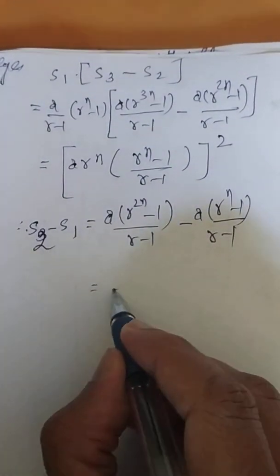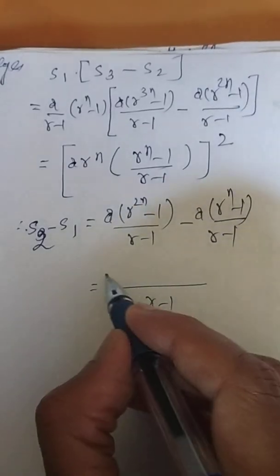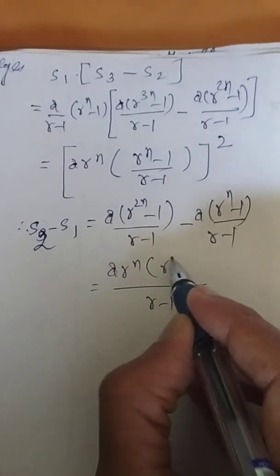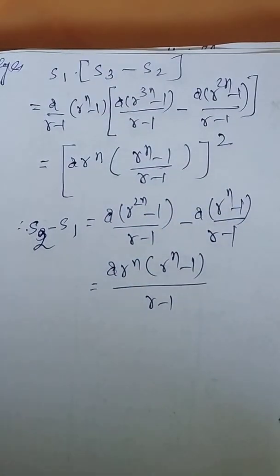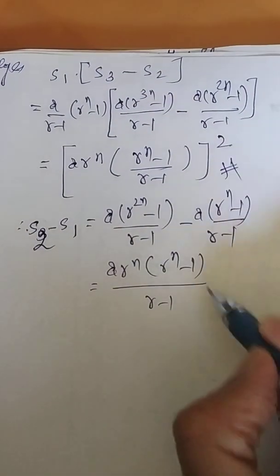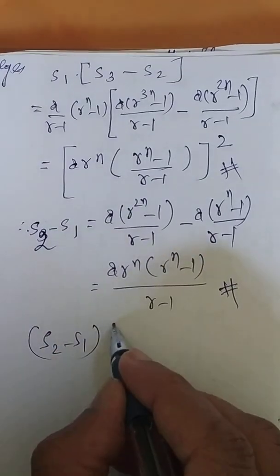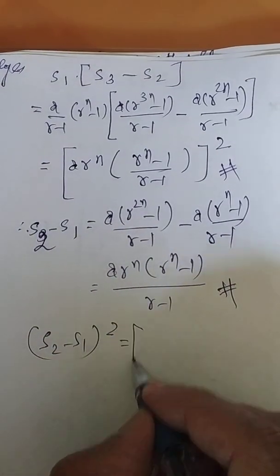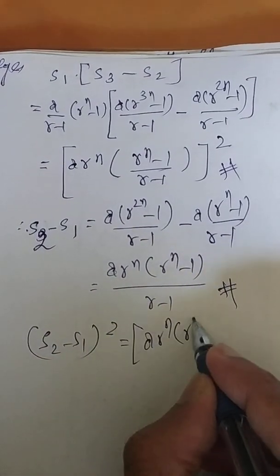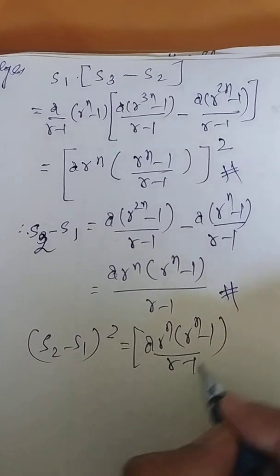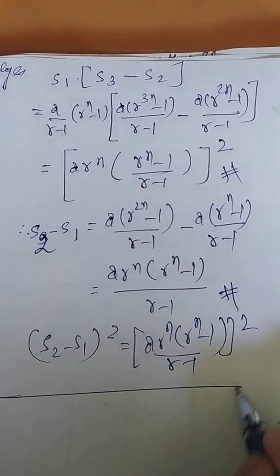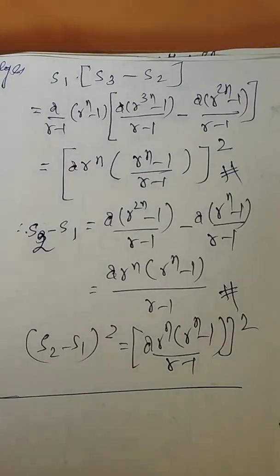You just take a common LCM r minus 1 and you will be getting the term like this. So if you monitor this term and this term, then S2 minus S1, the whole square, will also be A r raised to power n, r raised to power n minus 1 upon r minus 1, the whole square, and hence the required result.